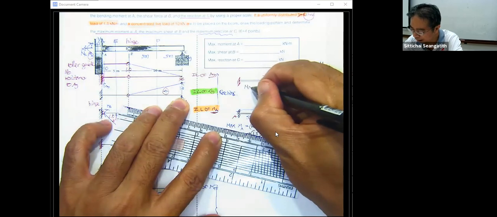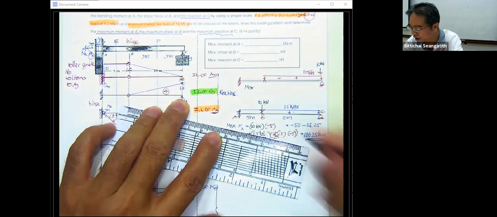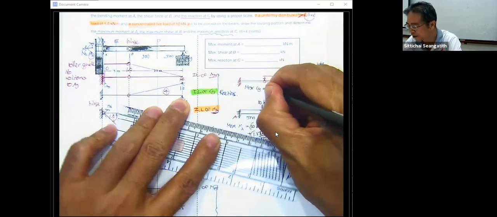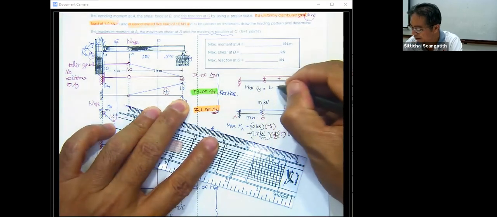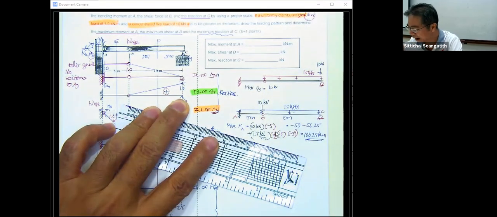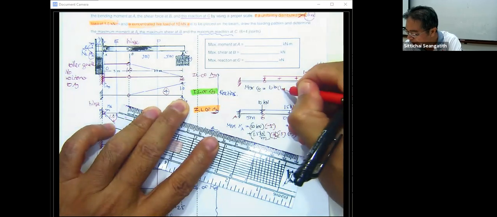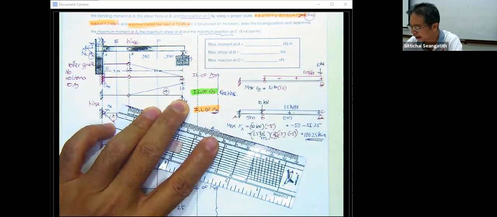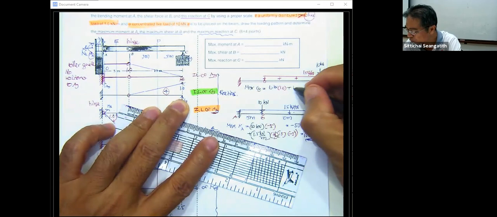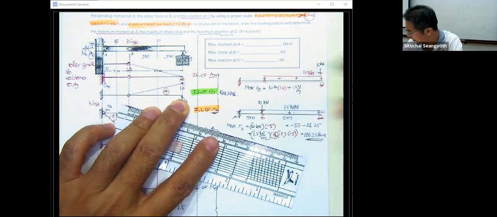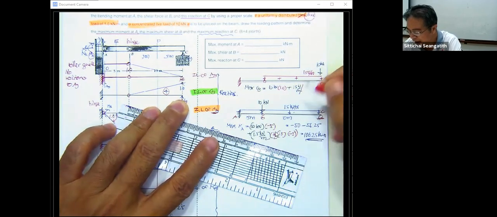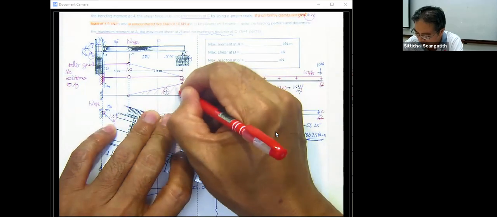So the maximum of what? Of C sub y equal to 10 kilonewton times this point 1.2, and then plus this 1.5 kilonewton per meter times the area here.